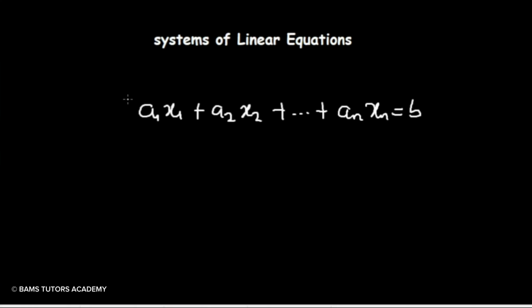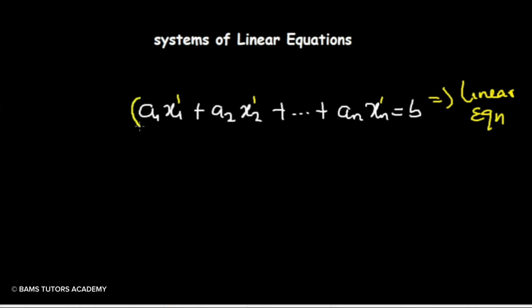This is how we write a linear equation. If you notice, for all of my x, the power is what? 1. Power is 1, power is still 1. So that's how to express a linear equation.